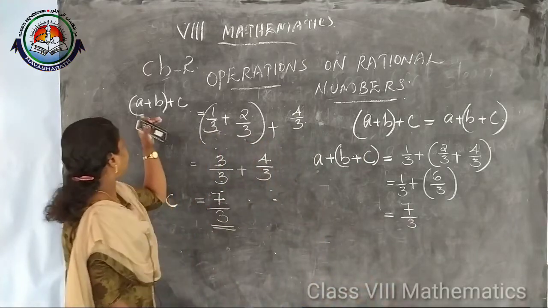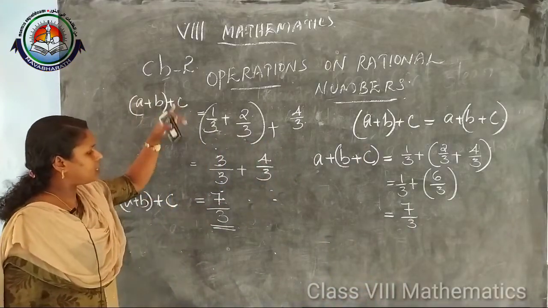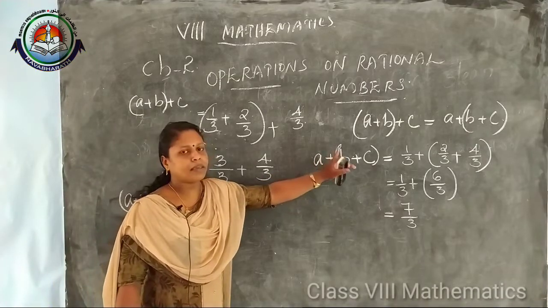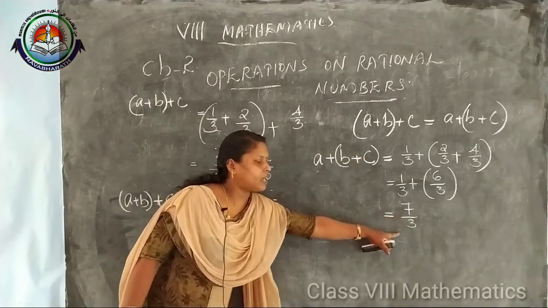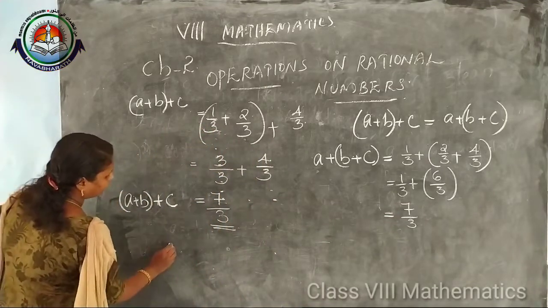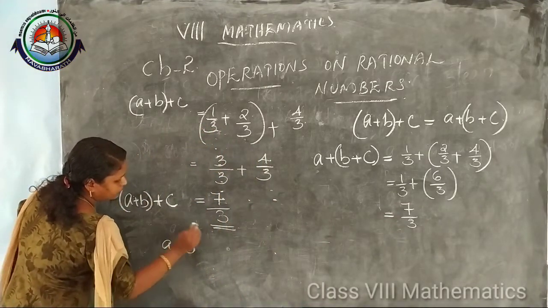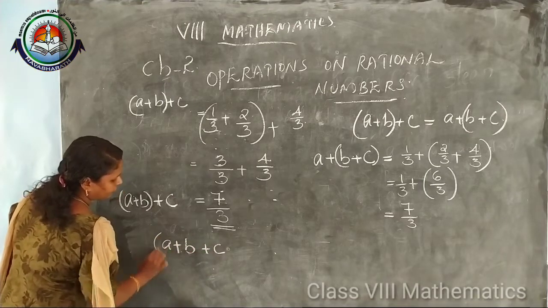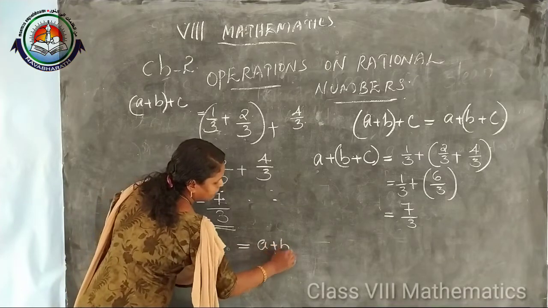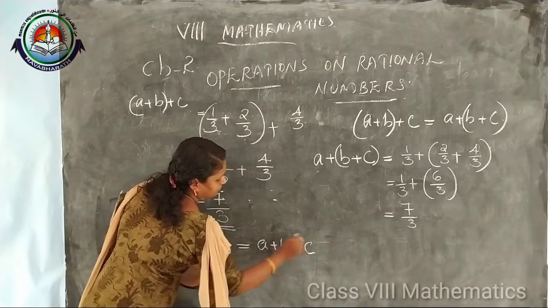So here (A + B) + C is 7/3 and A + (B + C) is also 7/3. So we verified the associative property: (A + B) + C is equal to A + (B + C).